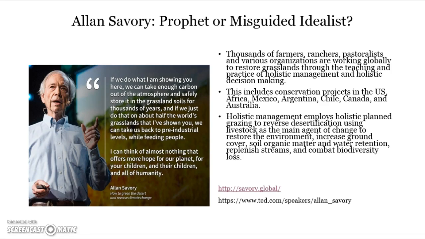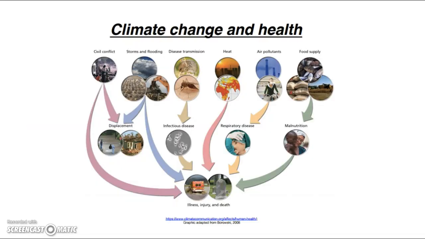Now, I want to get back to the concept of impact chains. Impact chains show the relationship between warming, climate change, and human welfare. Here are some of the things that we have to worry about with the warming of the Earth.